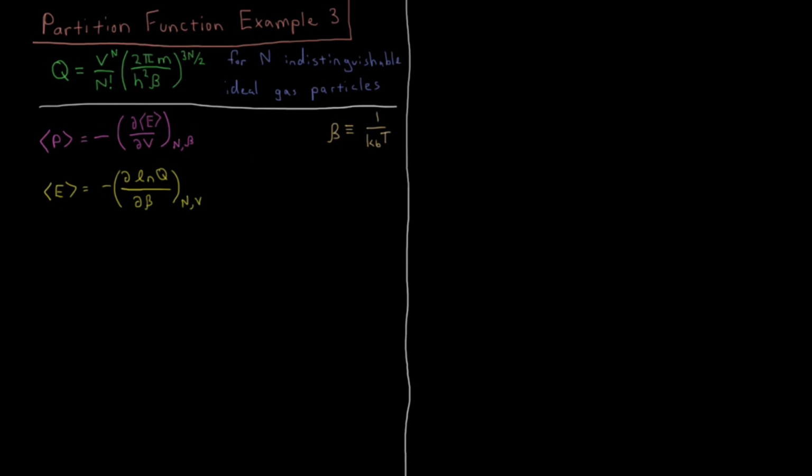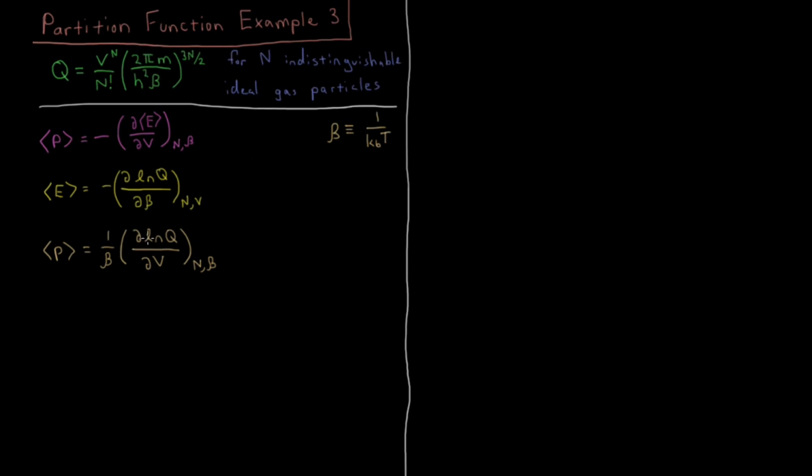I'm not going to show this transformation here, but with sufficient algebra you can show that you could rewrite this expression for pressure in terms of the following quantity. It would be 1 over beta times the partial derivative of the log of the partition function with respect to volume. And that would again be with constant number of particles and constant inverse temperature beta. So from now on, we're just going to take this as a postulate. This is what we're going to use to calculate the pressure of our system.